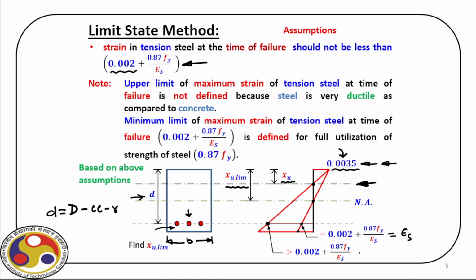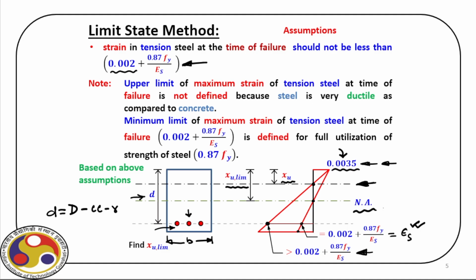We can have strain more than that because steel has ductility property. So we can actually apply more strain, but at least we should have this value of strain, and then that will give us a limiting condition for what we define the location of the neutral axis as Xu comma lim. Okay.